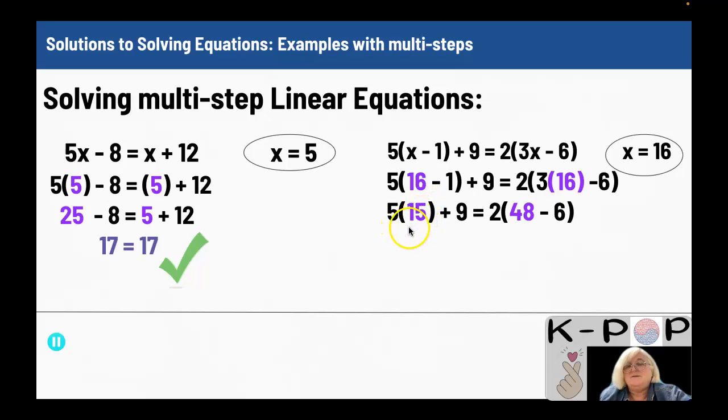I have 5 times 15 plus 9 equals 3 times 16 is 48. 48 minus 6. 5 times 15 is 75 plus 9 equals 2 times 42. 75 plus 9 is 84. 84 equals 84. My answer is correct.